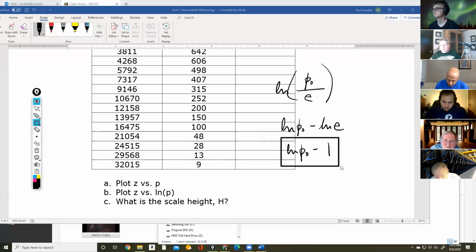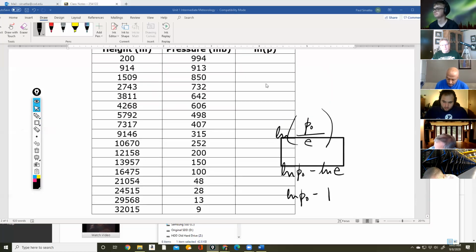So if I want to know that, the only thing I really need to do, what's the natural log of 994? 6.9. So if you did this, it's 6.9. And then I'm going to look at a graph.